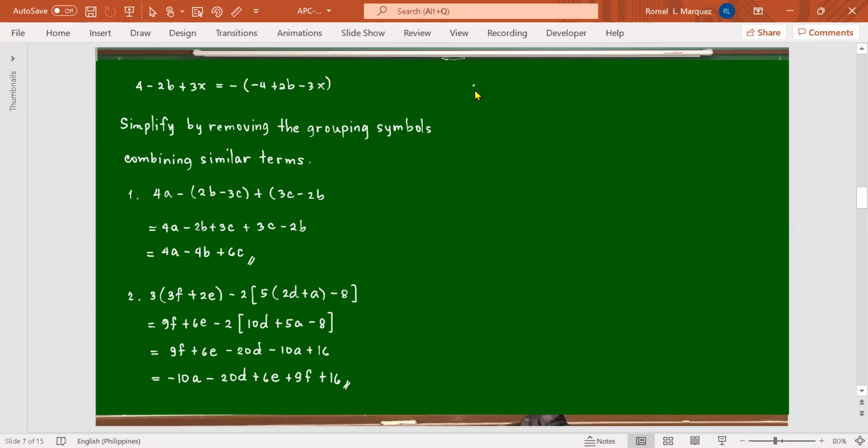Number 3. Negative of negative 3 times bracket inside negative 5 parenthesis negative 4x plus z minus 2y, 2 times y plus 2z.